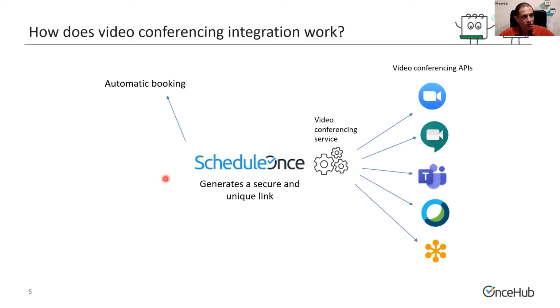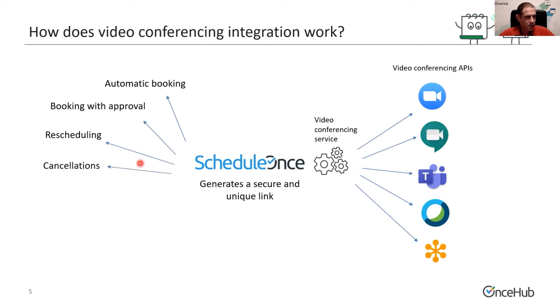Everything is supported. You can use it with automatic booking. That's the #1 scenario. We also have booking with approval. This works with video conferencing as well. Rescheduling is taken care of automatically. Cancellations will cancel the video conferencing session in the video conferencing tool. Panels, when multiple team members from the organization need to meet with a customer or prospect, they all get the link as well. Group sessions is unique because here you're giving the same link to multiple customers.